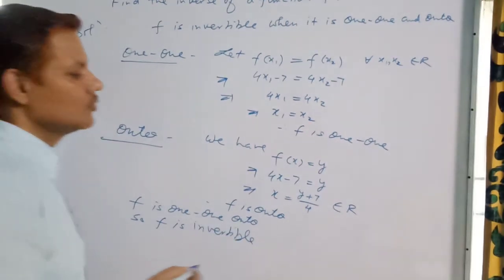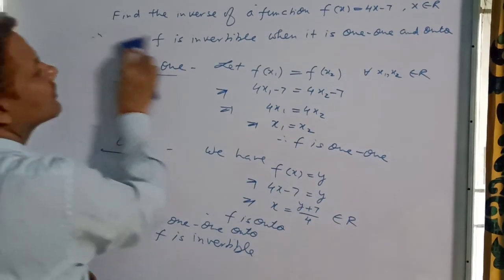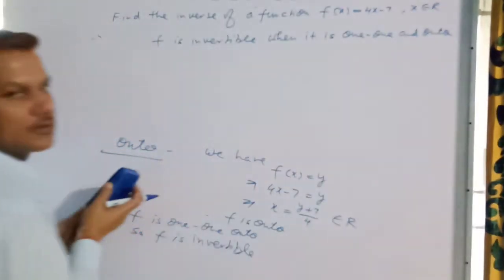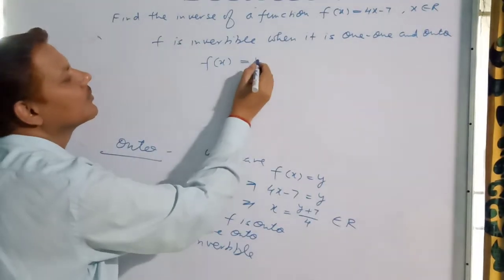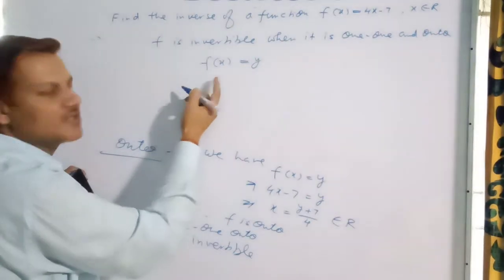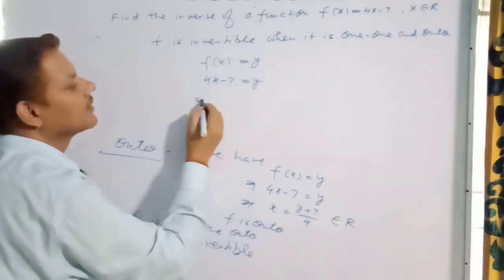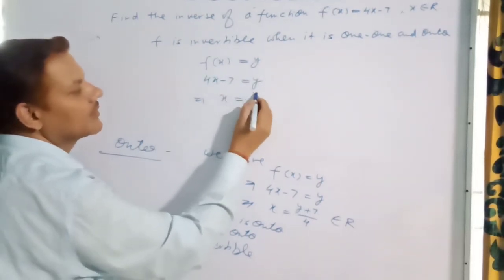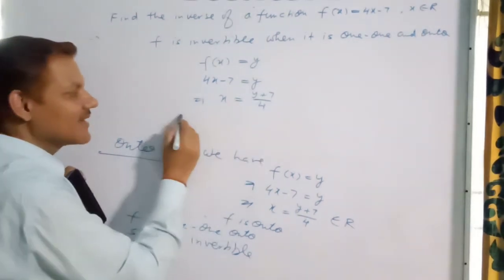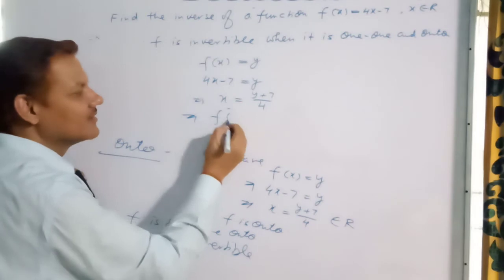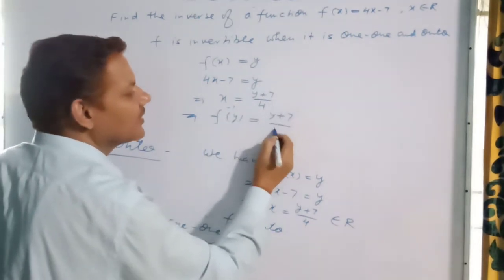So what about the rule to get the inverse? It is very simple. We start from f(x) equal to y, step 1. Step 2 is 4x minus 7 equal to y. Express x in terms of y, that is (y plus 7) by 4. Replace x by f inverse of y, equal to (y plus 7) by 4.